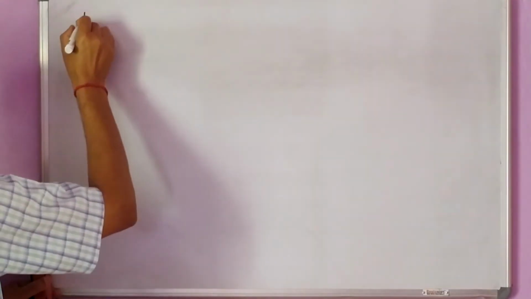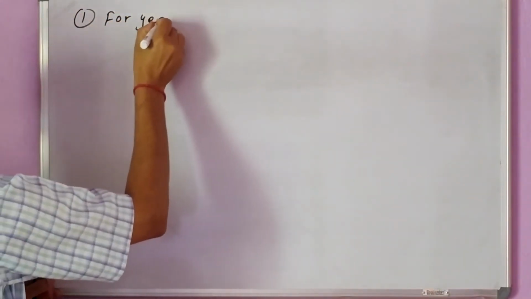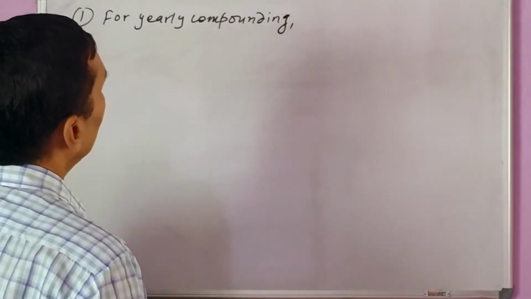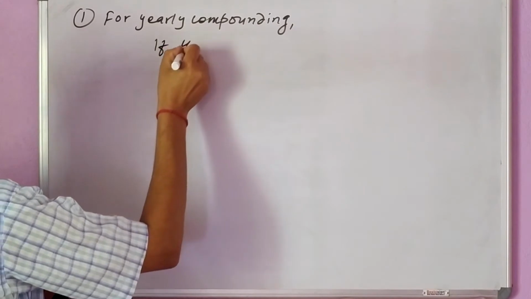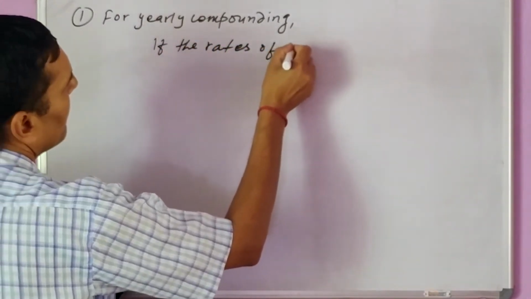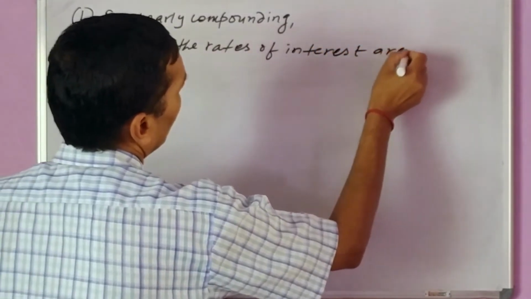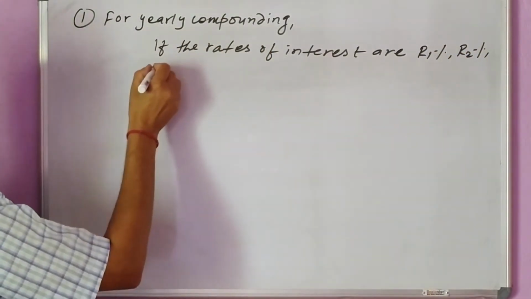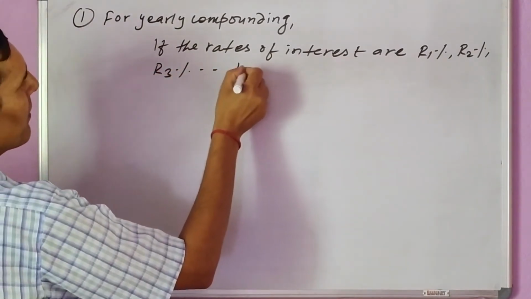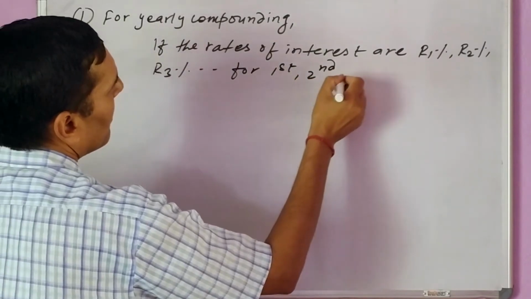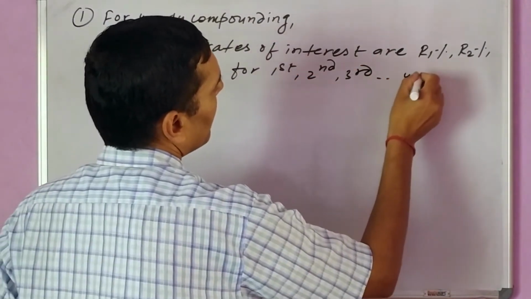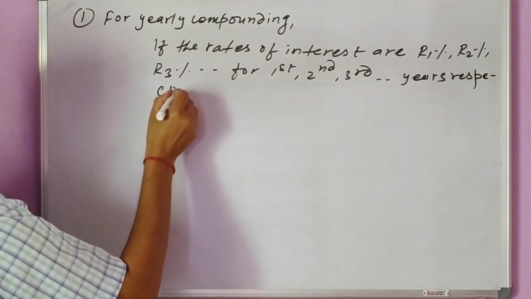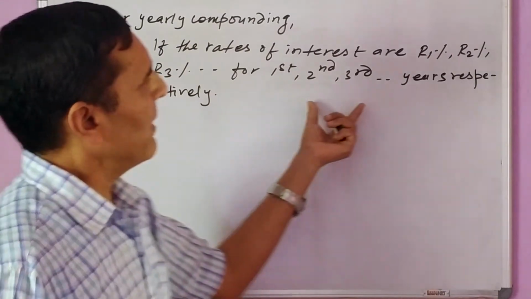For example, number 1, for yearly compounding, if the rates of interest are R1%, R2%, R3%, etc. for first, second, third, etc. years respectively, that means the rates of interest are different for different years.